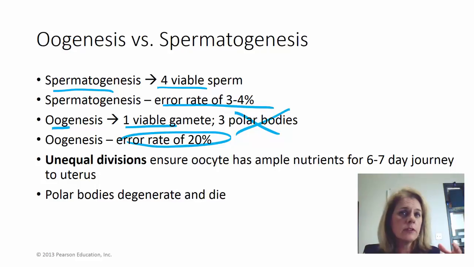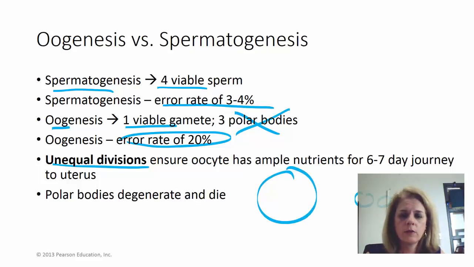Again, you have equal divisions in sperm, so you get equal amounts of sperm with cytoplasm and everything, and then you jettison that cytoplasm and make the sperm aerodynamic. Whereas in the oocyte, you have these unequal divisions, so you have a large cell and those little polar bodies.